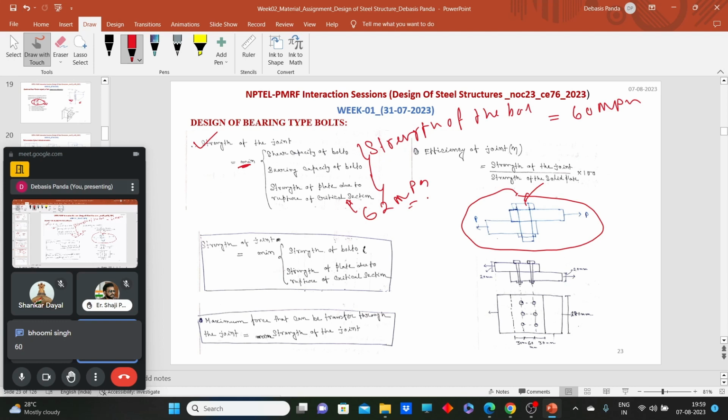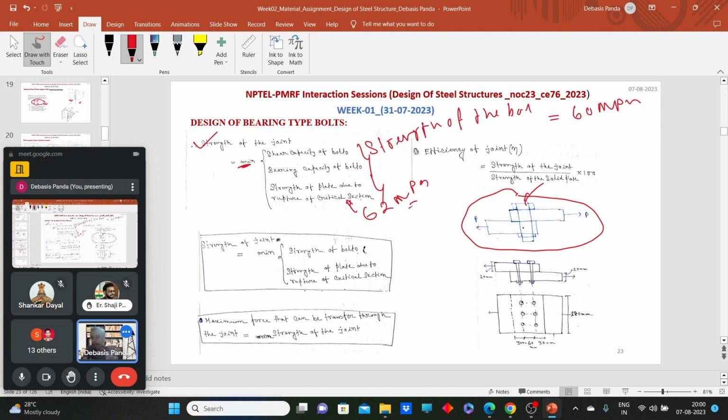60. Okay. So Bhumi said 60, right? Because if we go beyond 60, what will happen? This bolt will fail, right? Okay. So strength of the bolt is a minimum of shear capacity and bearing capacity, because if one criterion is violated, then we consider this as a failure.